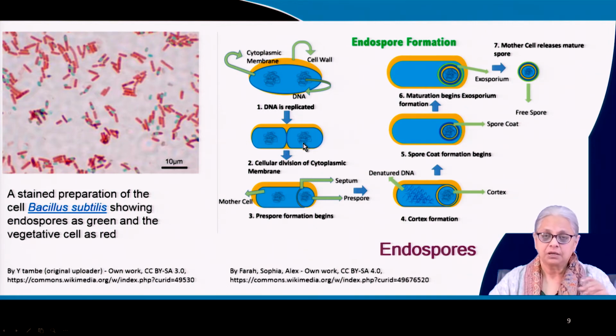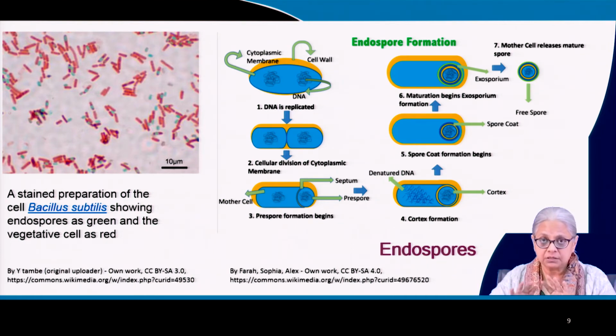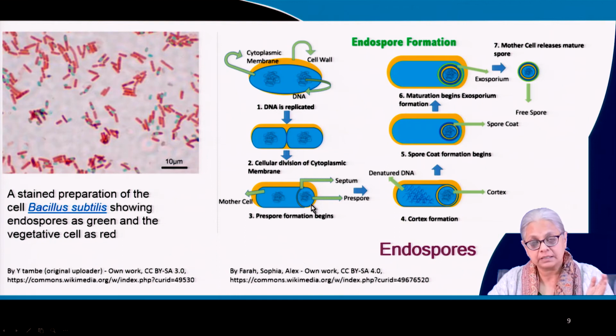You have replication of the DNA and cellular division of the cytoplasmic membrane, but the difference is that the daughter cells, which should be equal and capable of living freely, won't happen. So here you have the mother cell and you have the spore.